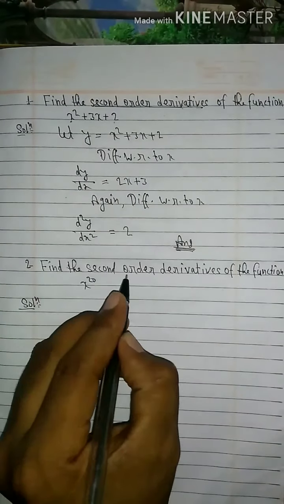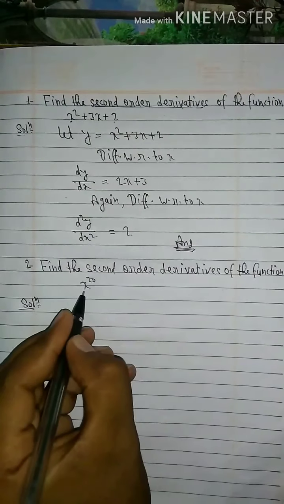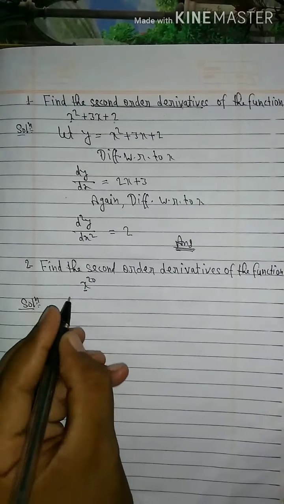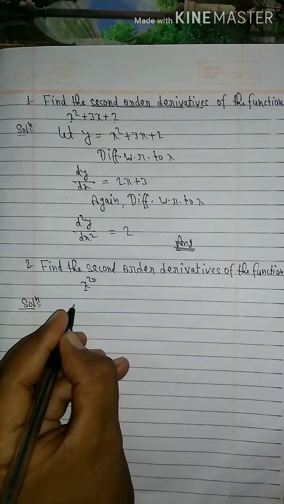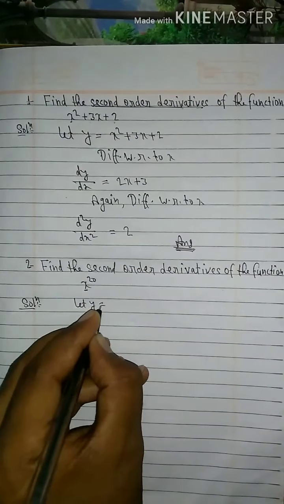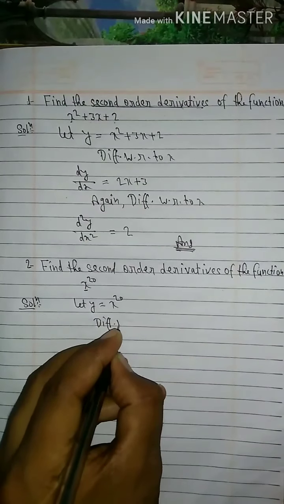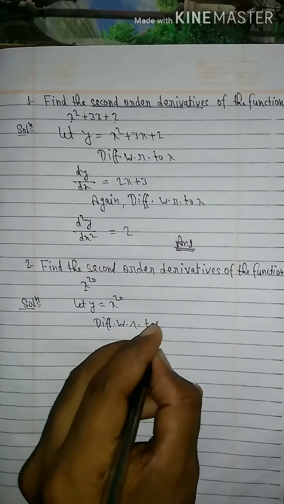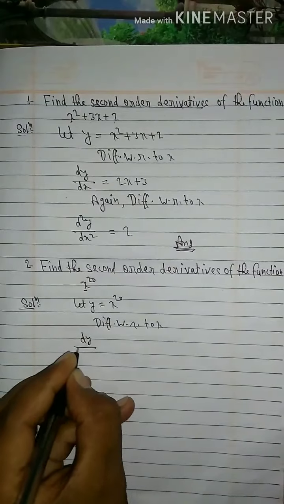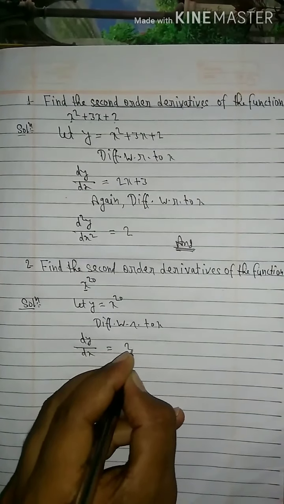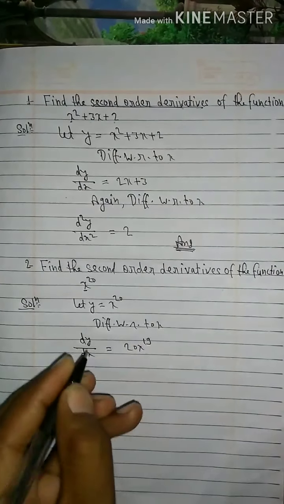Second question, find the second order derivative of the function x to the power 20. Let y equal to x to the power 20, and differentiating with respect to x, dy by dx equals 20x to the power 19.